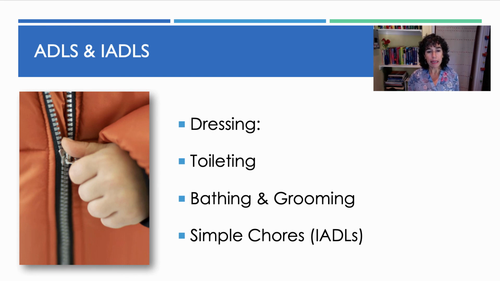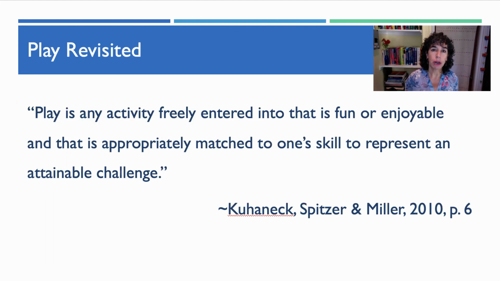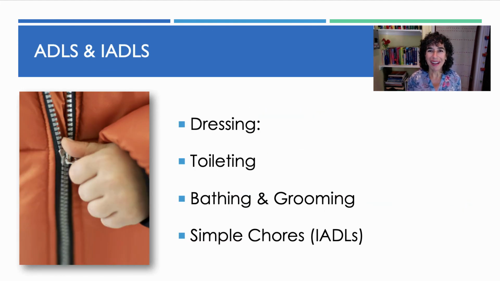And a note about toileting: being continent with urine comes before bowel control. The order of skills varies according to culture, and there is a social pressure, especially in the U.S., to be independent in ADLs by the end of preschool, certainly, because when you enter kindergarten, there's an expectation that you'll be independent.